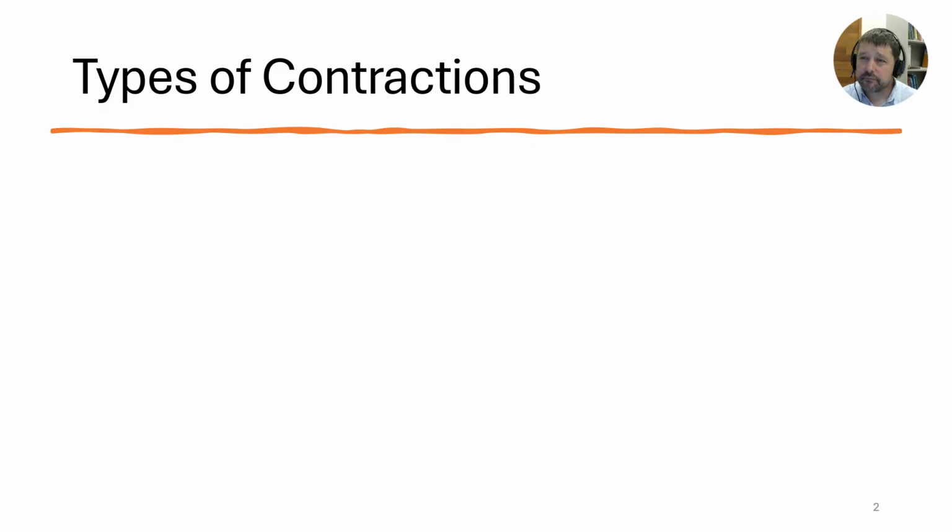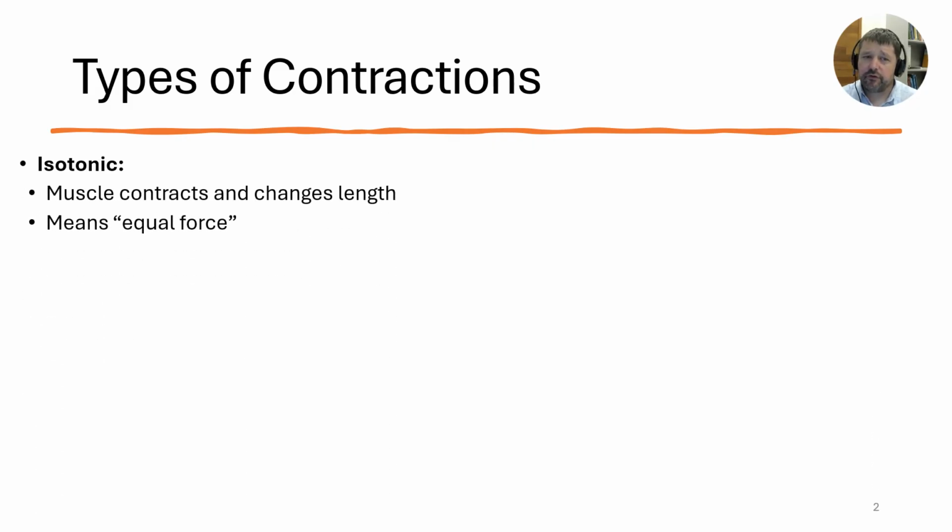So, types of contractions. There are two main types of contractions that I want to talk about. One is called isotonic, which means that the muscle contracts and it changes length. The muscle fiber either shortens or elongates, but under equal force.